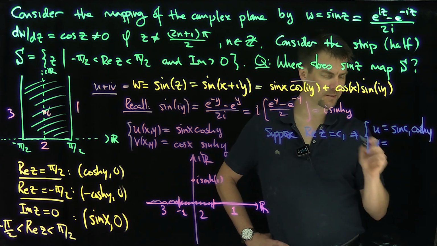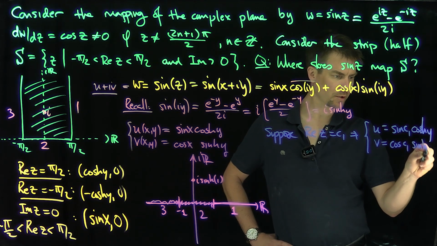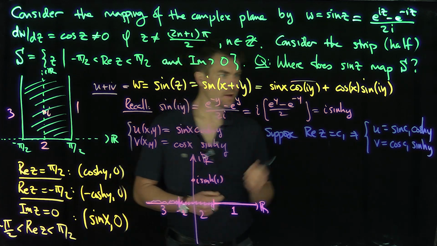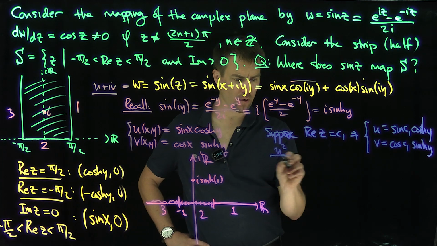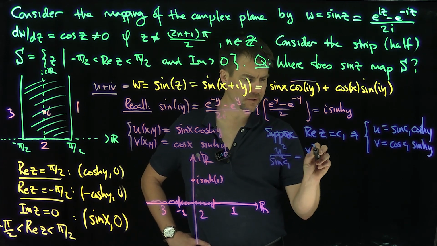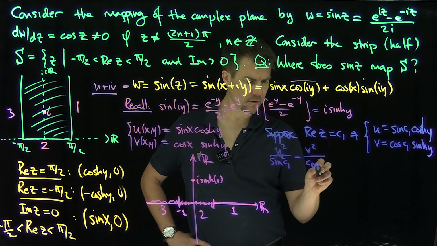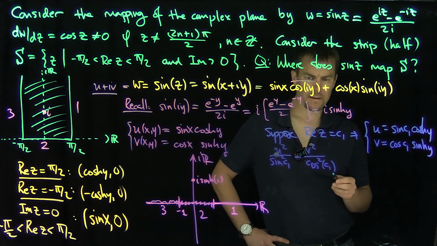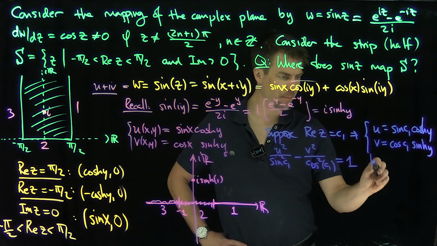And v is going to be what? v is going to be cosine of c1 sinh y, right? Good. And therefore what? And therefore u squared over sine squared c1 minus v squared over cosine squared c1, right? That's cosh squared minus sinh squared, that's equal to 1, so this is a hyperbola.